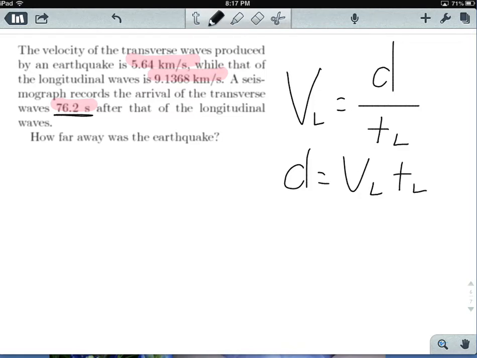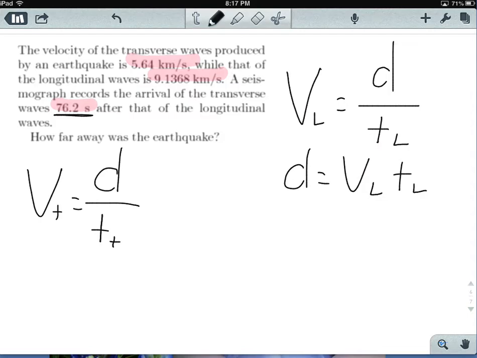Now the other wave is traveling too. The velocity of the transverse wave equals the distance, which is the same for both, all divided by the time of the transverse wave. The only thing the problem gives us about time is that 76.2 seconds. That's how long it took to arrive after the longitudinal wave.